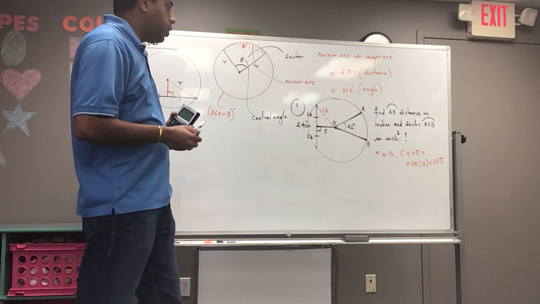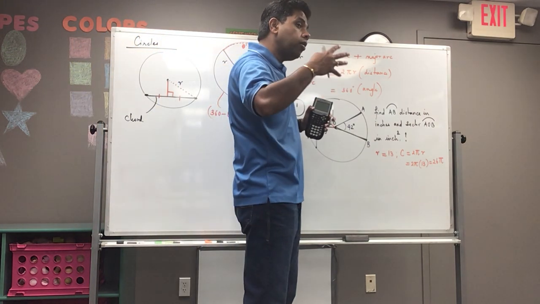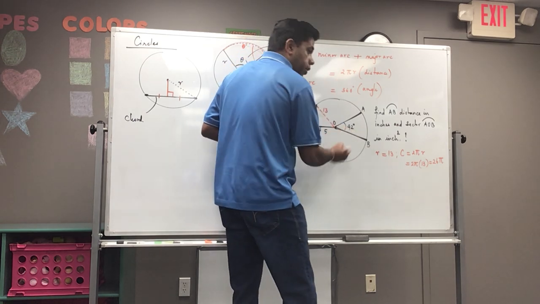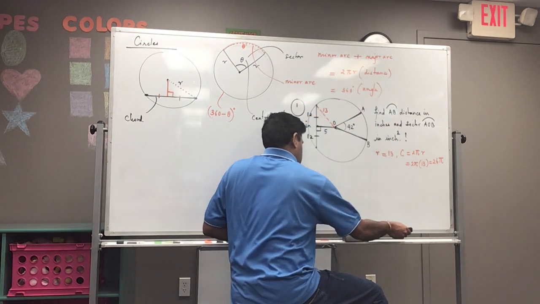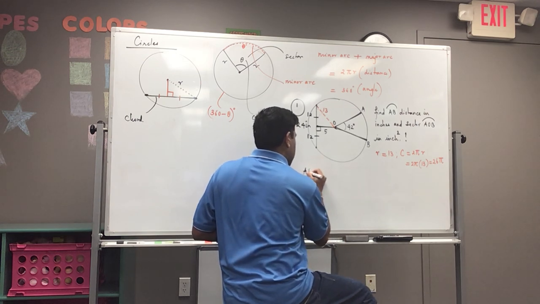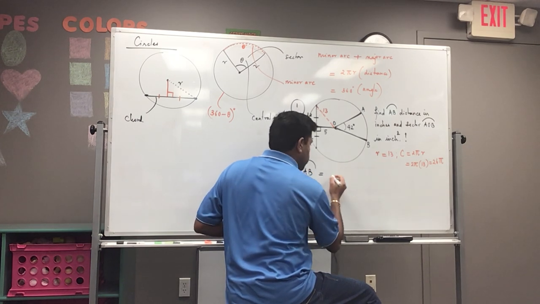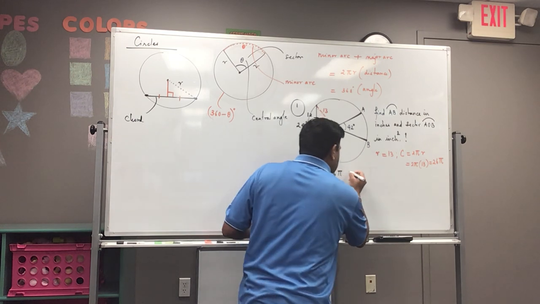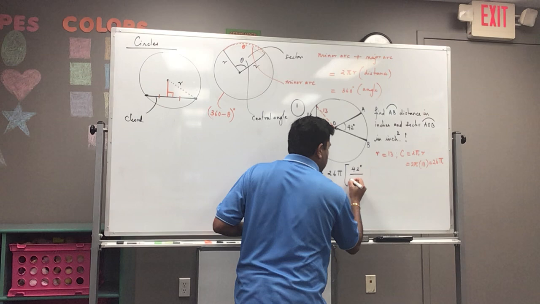Then, I told you that this arc is a fraction of the circumference, and the fraction is decided by the central angle, which is my theta. So, arc AB is equal to circumference, which is 26 pi. This is the entire thing multiplied by the fraction, which is decided by the central angle.